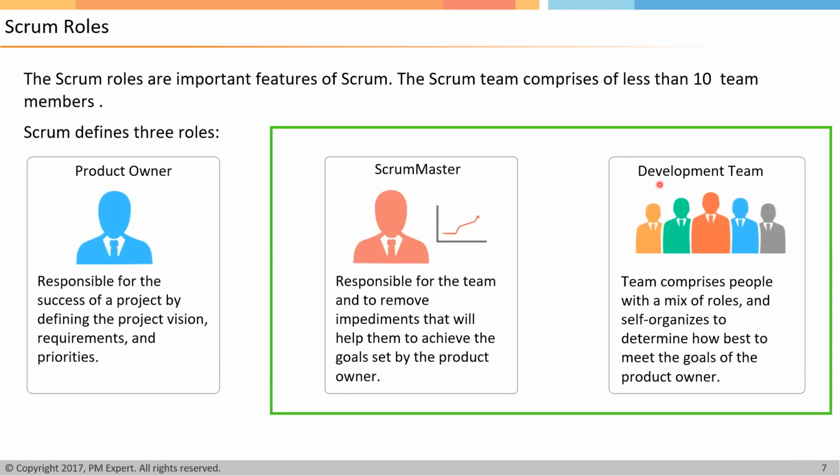When I say self-managed team, what does it mean? How do they work? Who assigns work to the self-managed teams? They assign to themselves, and they estimate on their own.